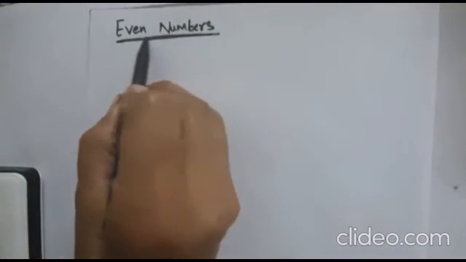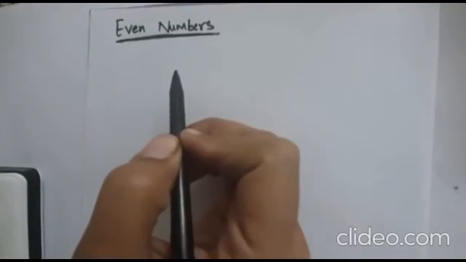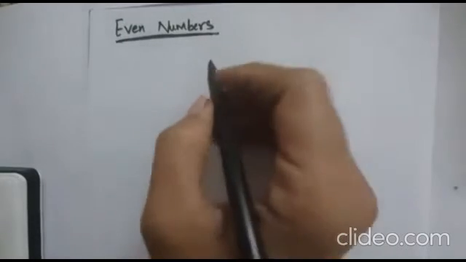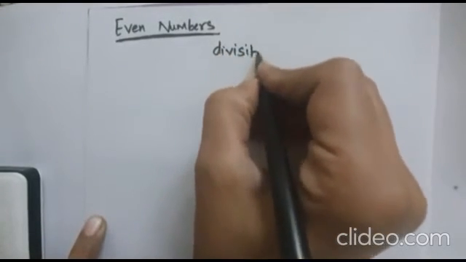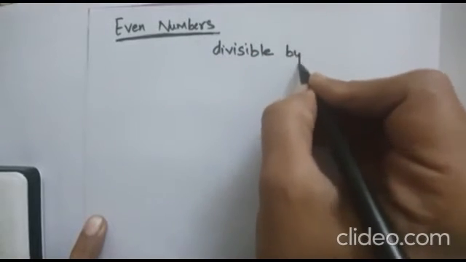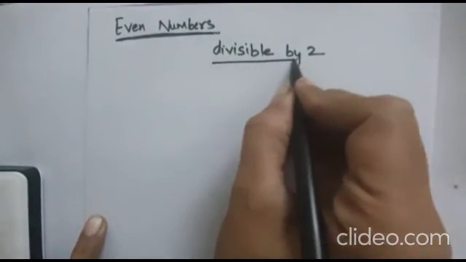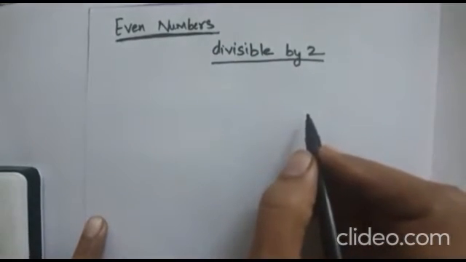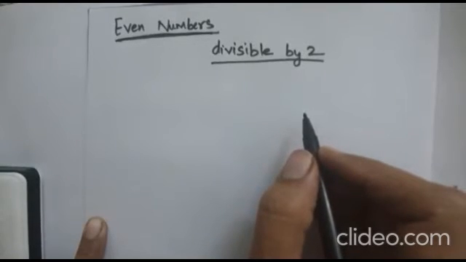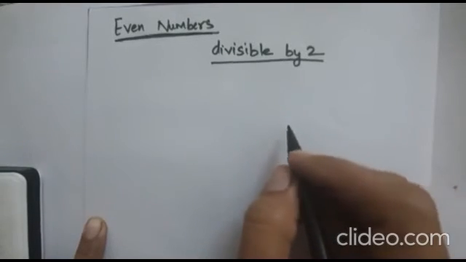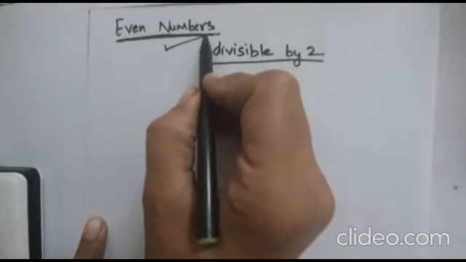Now let us discuss what are even numbers. Even numbers are those numbers which are divisible by 2. Children, we have already done how we can check whether a number is divisible by 2 or not. So now it will be easy for you to check whether a number is even or not.